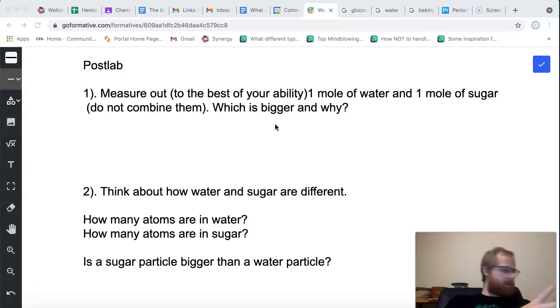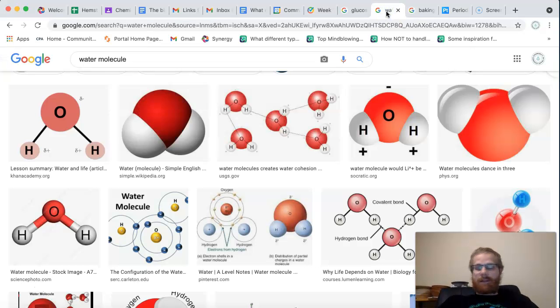And I think it's actually a little bit easier in trying to answer these problems if we answer them in reverse. If we start with number 2 and then work our way back to number 1. So when we think about a water molecule, it is not particularly big. It's just H2O, right? 3 atoms in one molecule.